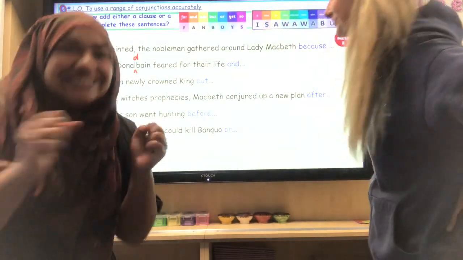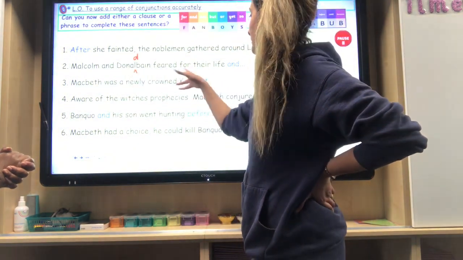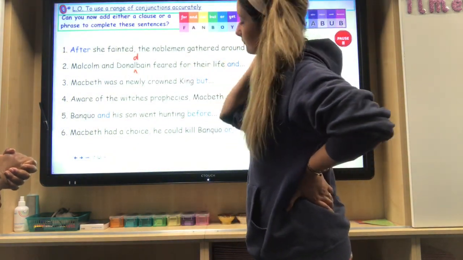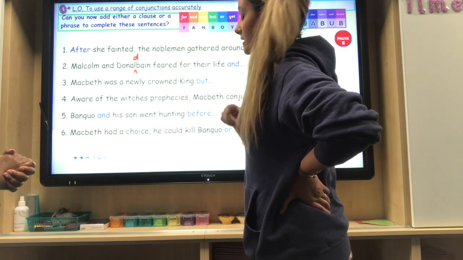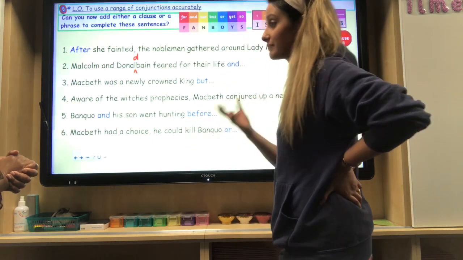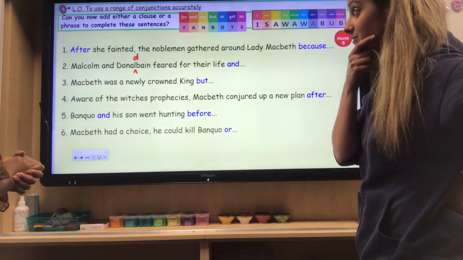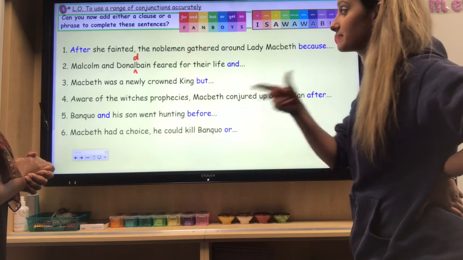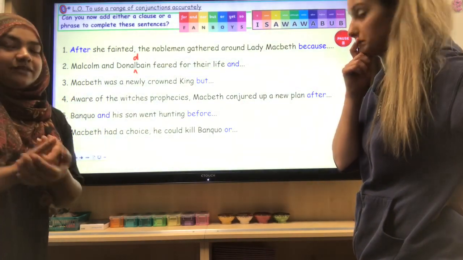Okay, so Macbeth was a newly crowned king, but he feared for his own safety. So he still may fear for his own safety because he's done the murder, he's done the deed, hasn't he? And he could still fear actually that someone's going to come after him, or he would be discovered that he's murdered the king. Okay, I'm going to use that same sentence and give an alternative ending as well.